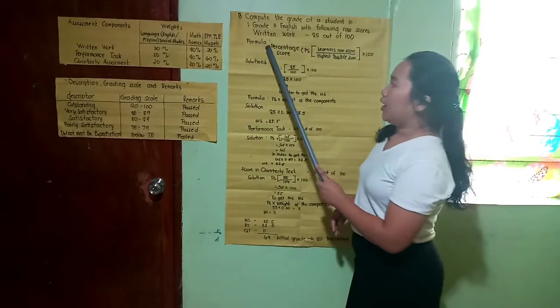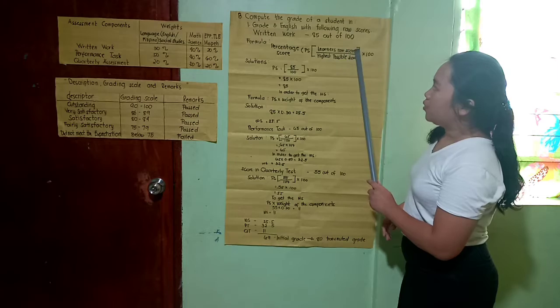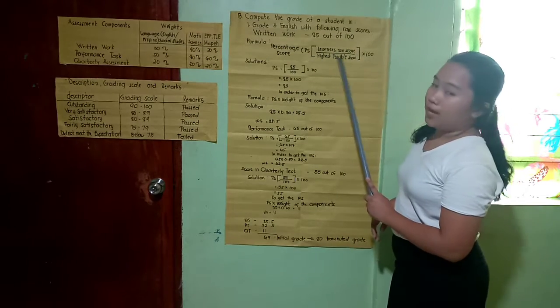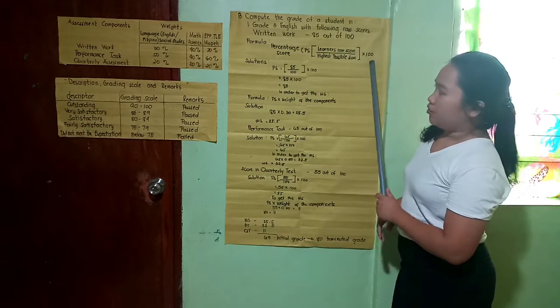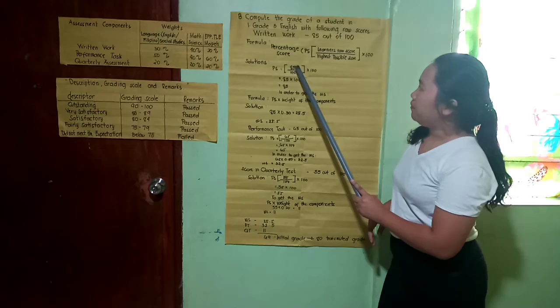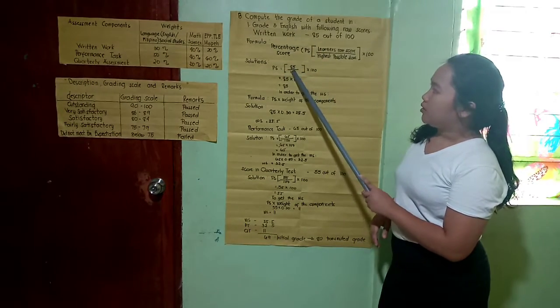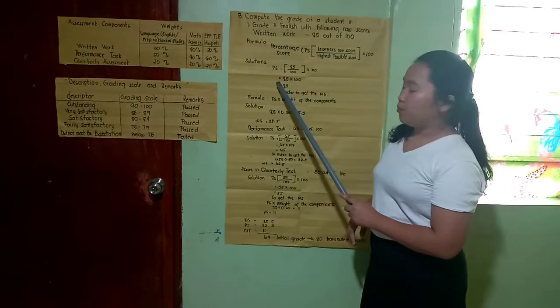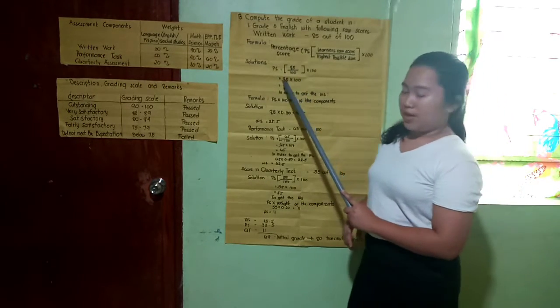So here is the formula to compute this score. The learner's raw score divided by the highest possible score, which is 100, times 100. So the solution is 85, the learner's raw score, divided by 100, the highest possible score. 0.85 times 100 equals 85.